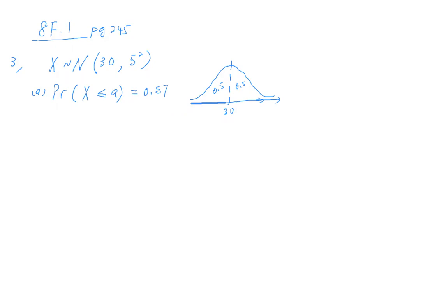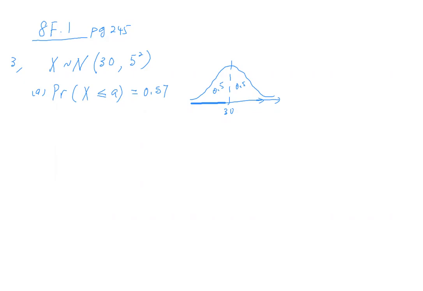Ethan Shu, give your answer and why. Greater. A is greater than 30 because the probability that's below A is more than 0.5.